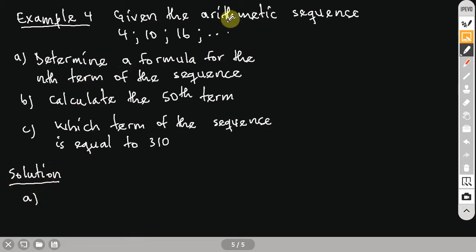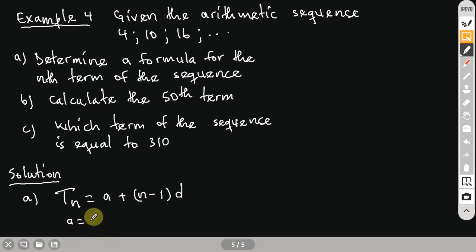A, we are told that the sequence is an arithmetic sequence, and what we want is a formula for the nth term, or the formula for the general term. You remember this formula? This is the one we need. So what we'll be doing is replacing only A and D. In our case, A is the first term, and that is 4.